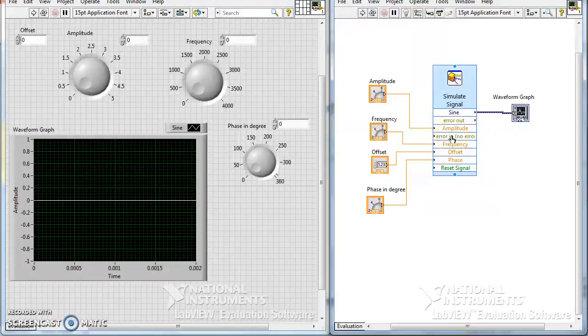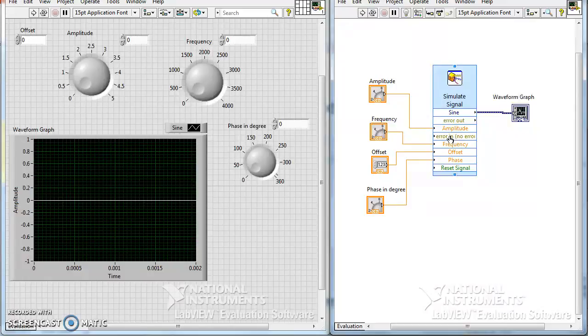One difference from the AD kit that you have used to this Simulate Signal block is the error in terminal. In a communication system, signal generation is not the only block.